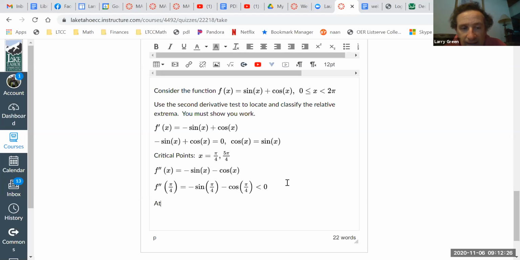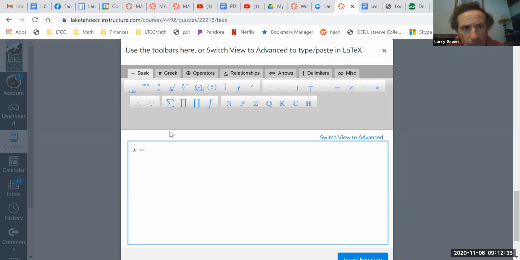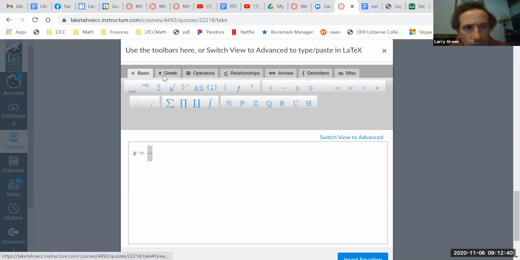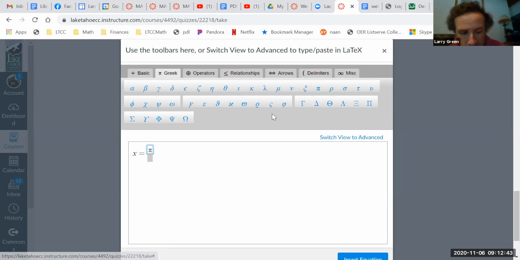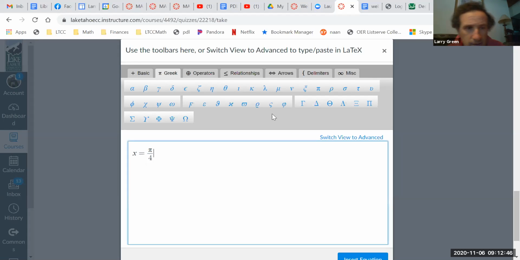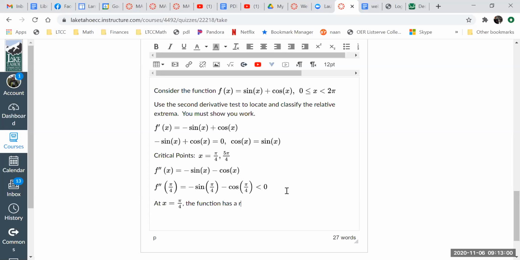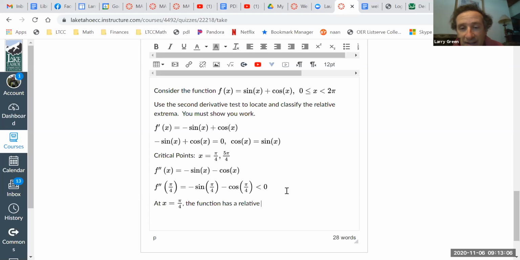At x equal pi over 4, the function has a relative... Now, if the second derivative is negative, what does that tell you?